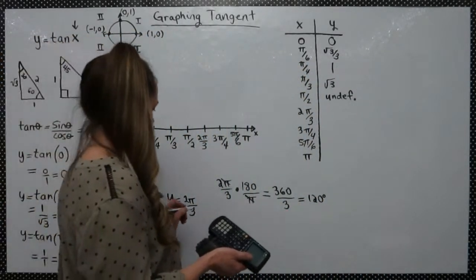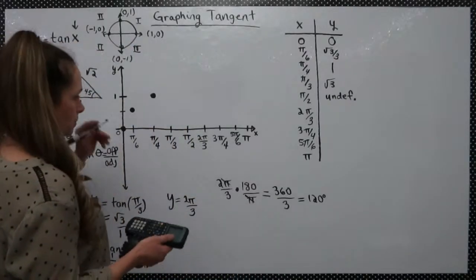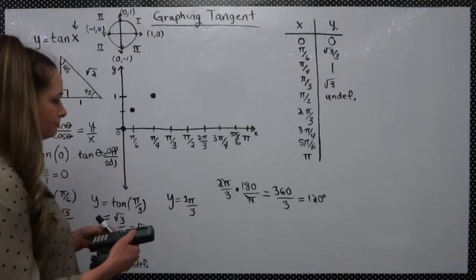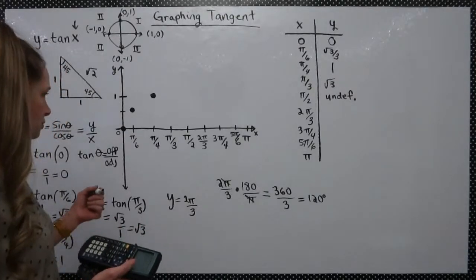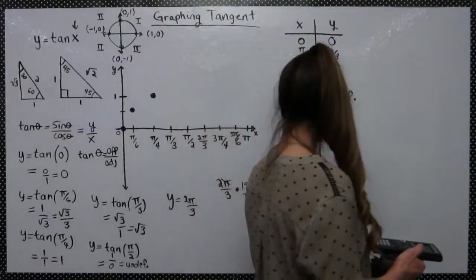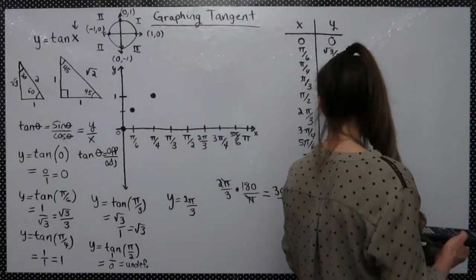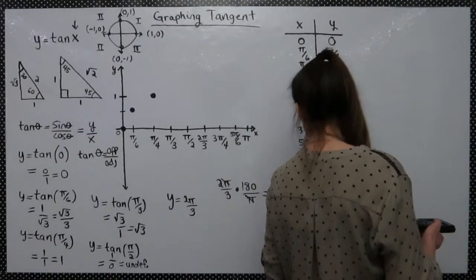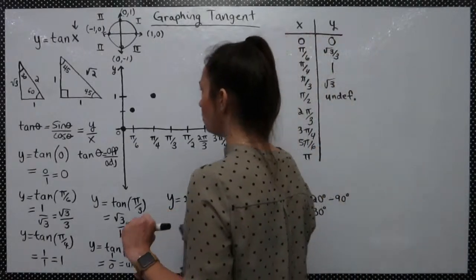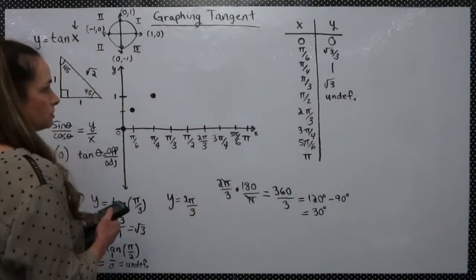And let's see, 120 minus 90 is 30. So that's your 30-degree reference angle. So you just subtract off the pi over 2 again. That's what I was doing, and it's giving me 30 degrees. That's just telling me what reference angle to use.